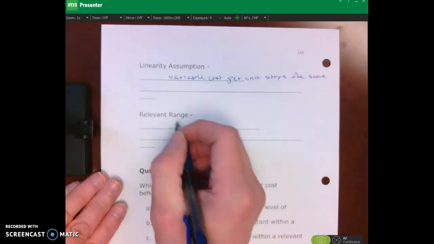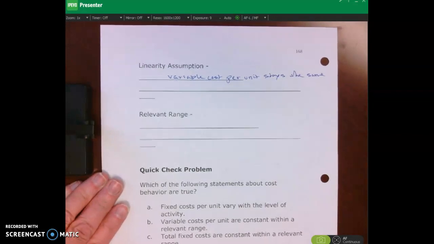When we look at the relevant range, this is another concept here in cost volume profit analysis.